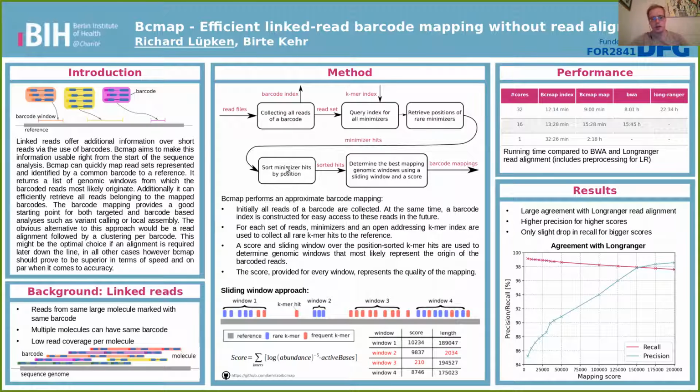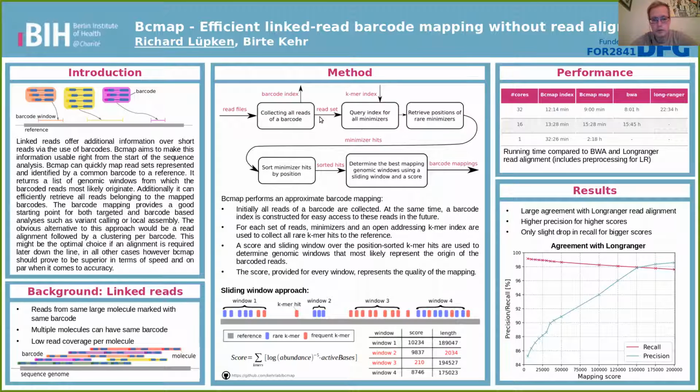So how did we do this mapping? We use an open addressing k-mer index, and then we go through the read files and we collect all reads of a barcode. And then from there on, we work on this read set. So this can be parallelized easily for every barcode. And we also did that.